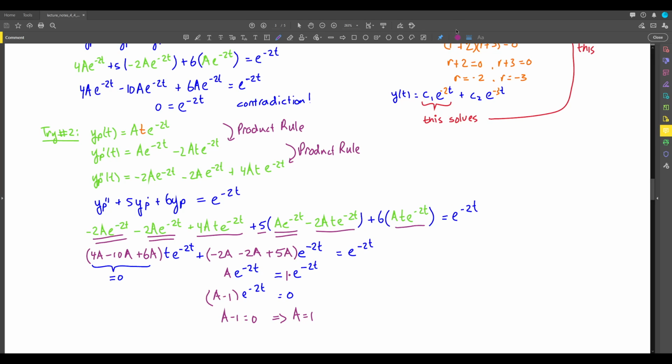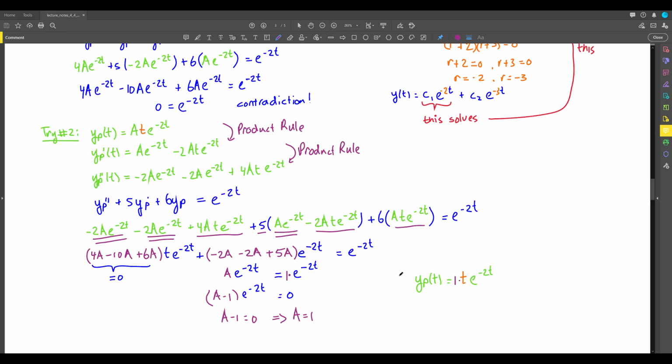So now our particular solution to the differential equation is yp of t equals a times t e to the power negative 2t. And so let me put that t there, and you don't have to write down a 1 in front of it, but just showing you where that comes from.